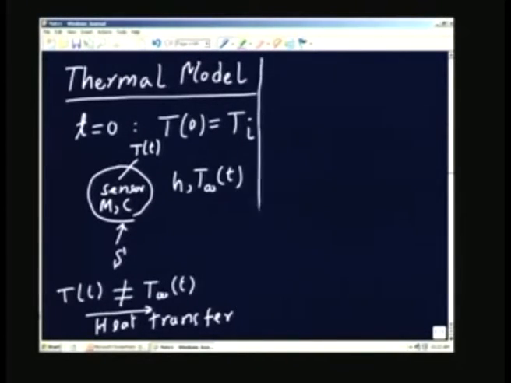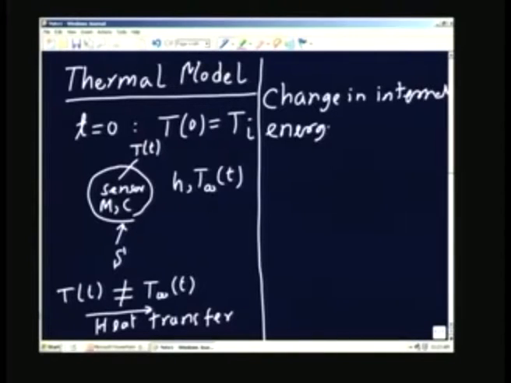So, let us look at the way we are going to model this. So, the change in the internal energy of the sensor, if it is going to lose heat, that means if the temperature at any instant of the sensor is greater than the temperature of the ambient, when it loses heat, the temperature will reduce.